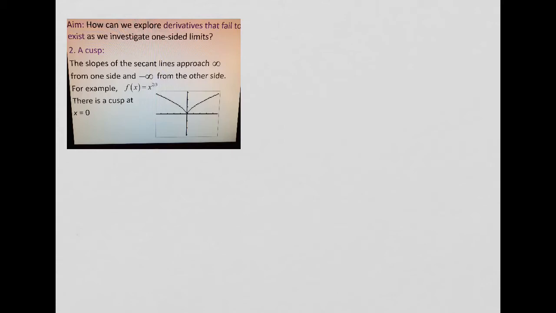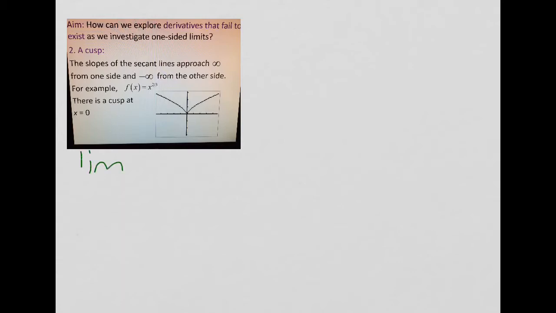So be very careful. Here the slopes of your secant lines approach positive infinity from one side and negative infinity from the other side. And so we're looking at our common function f of x equals x to the 2/3 power, saying that there is a cusp at x equals 0.